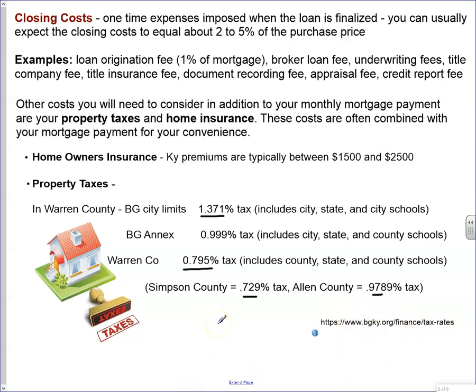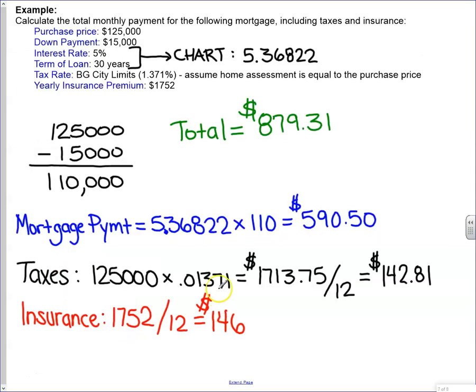Just search property taxes in your area and you should be able to find that. And of course, those are things that change. Like the Bowling Green ones just changed in the last year, in 2019, I think. So they can always go up. They're probably not going to go down, but they can always go up some. So kind of listen to that when you hear that going on.